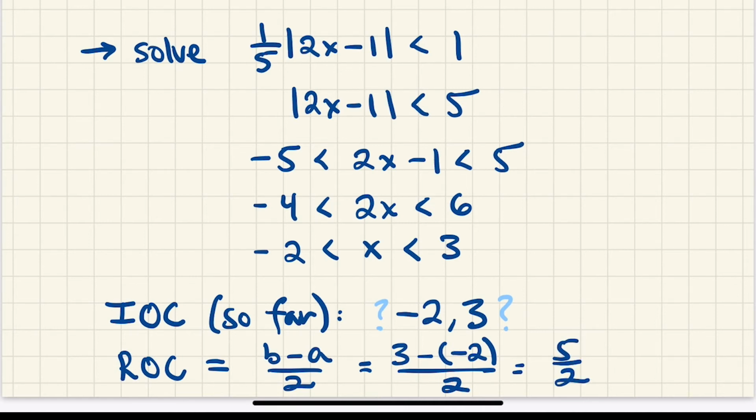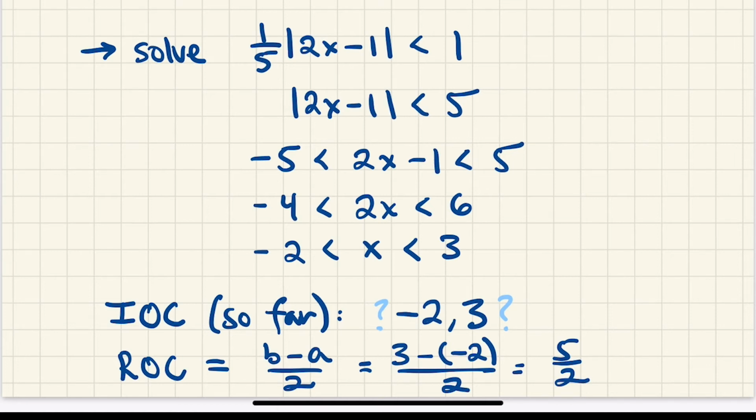So that's the radius of this interval of convergence. It's the distance from the center to either edge. And we predicted the center to be 1/2 at the start of this problem. And yes, 1/2 is the midpoint of these two numbers. And 1/2 is 5/2 away from -2, and 1/2 is 5/2 away from +3.